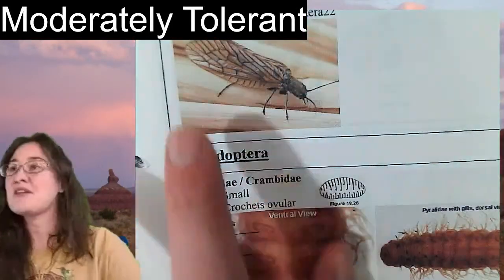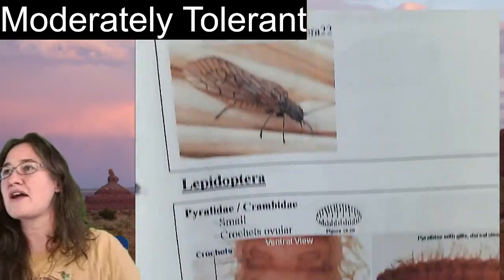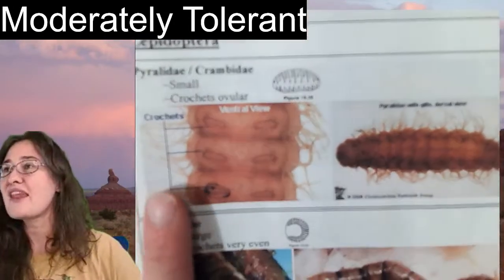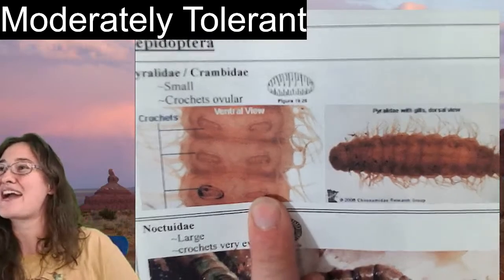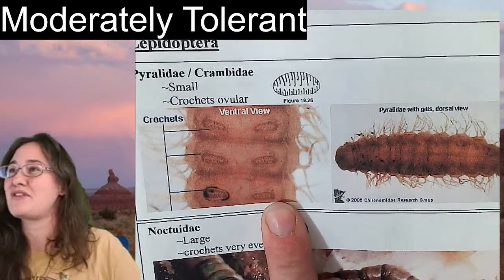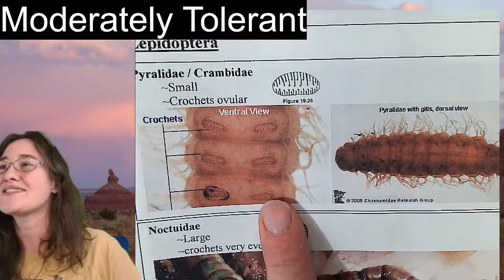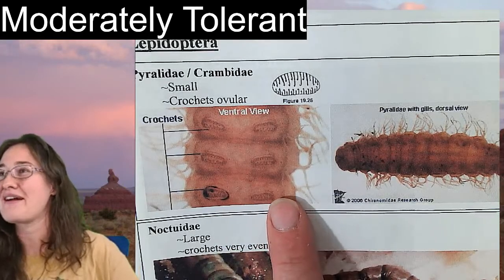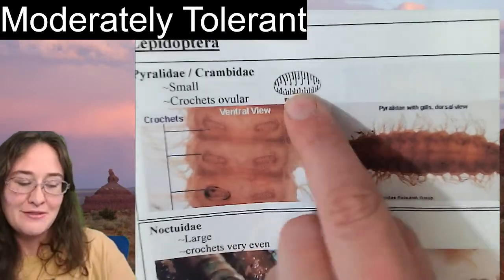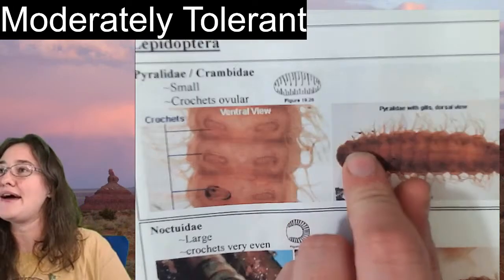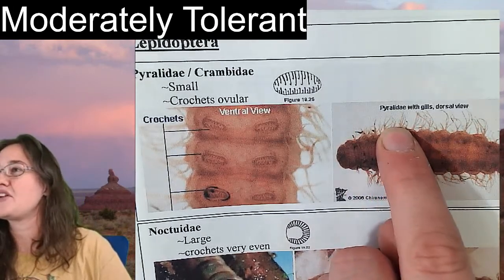And I'm going to skip some of these that you're likely not going to see. But I love these guys, and I've got a story about them, so I'm going to share them with you. So this is an aquatic caterpillar. You see all of these little strands?